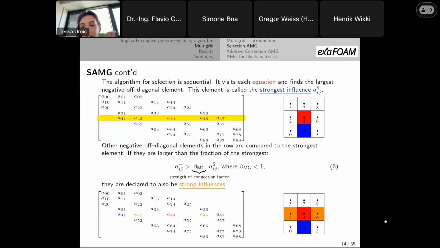For example, here we have equation or cell number 4. I have an interest in getting a correct value of the solution in this equation. And I will try to keep this equation as I go on to coarser levels in order to use its correction term onto its neighbors.